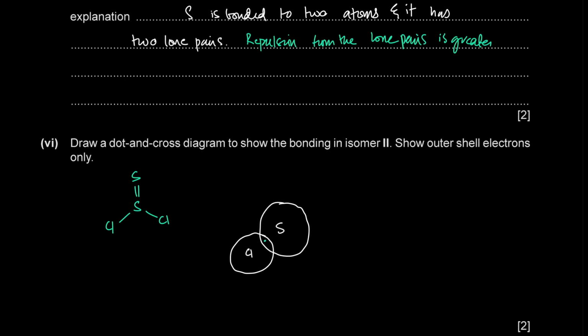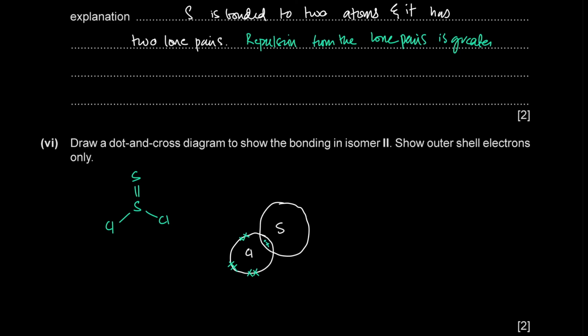So it's making a single bond here, and then we use the cross to represent the electrons of chlorine. So we have 1, 2, 3, 4, and then 5, 6. That's 7 valence electrons of chlorine, and then 1 additional electron from the sulfur in this covalent bond.